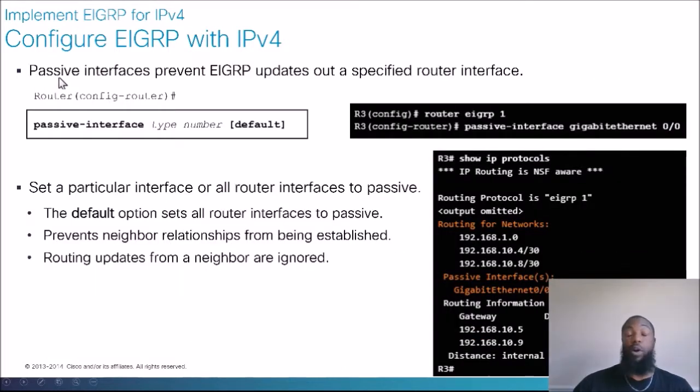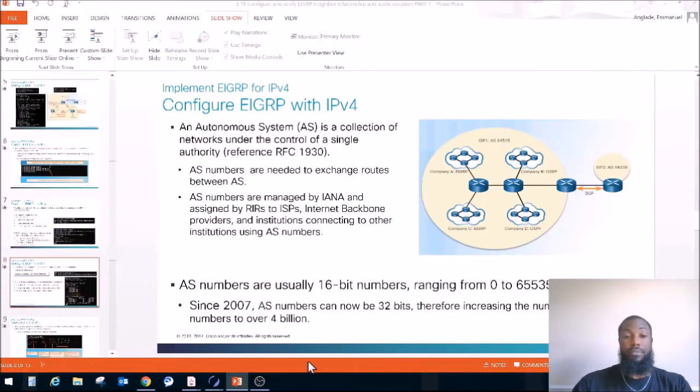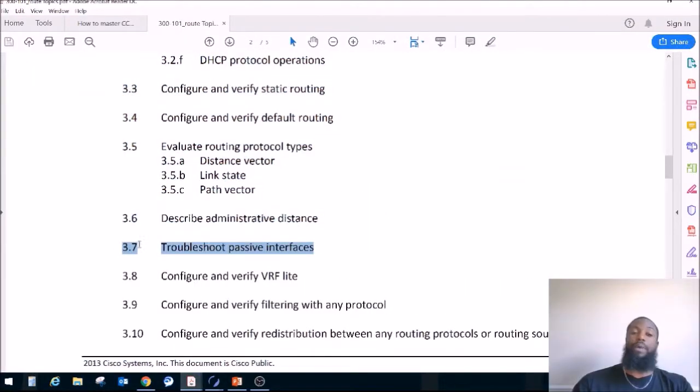So we talked about what passive interfaces are a couple videos back, I believe in Objective 3.7. Go back to that video and we'll explain further into that. Basically, it's just an interface that suppresses hello messages, right? EIGRP has to send its hello message to its neighbors, and then they have certain parameters that have to match before they become neighbors. But they will reply with those parameters, and if they match, then they become neighbors.